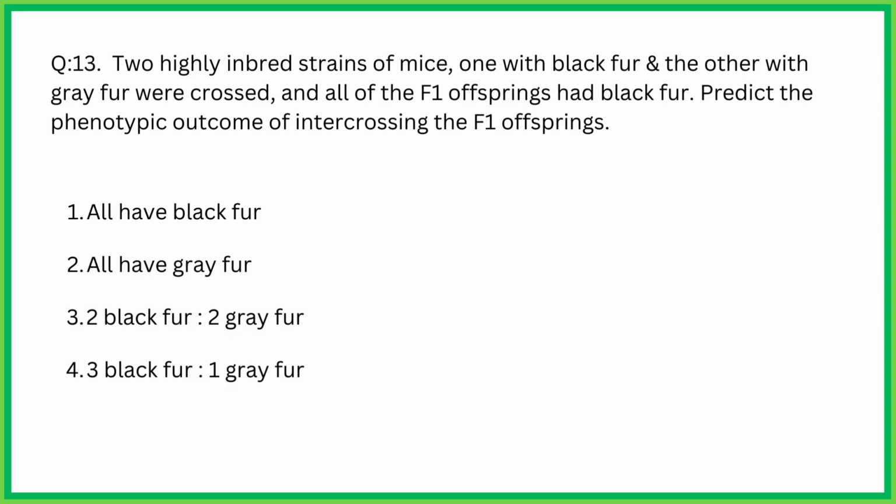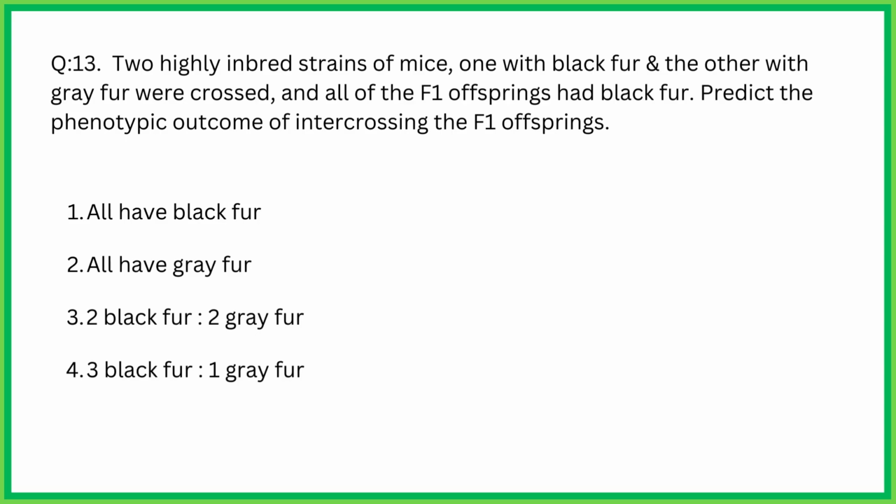Now when we intercross those black fur mice, which have the allele combination capital B small b, crossed with capital B small b, what will the outcome be? Either capital B capital B, which will be a black fur mouse, or capital B and small b, which also gives a black mouse phenotypically.